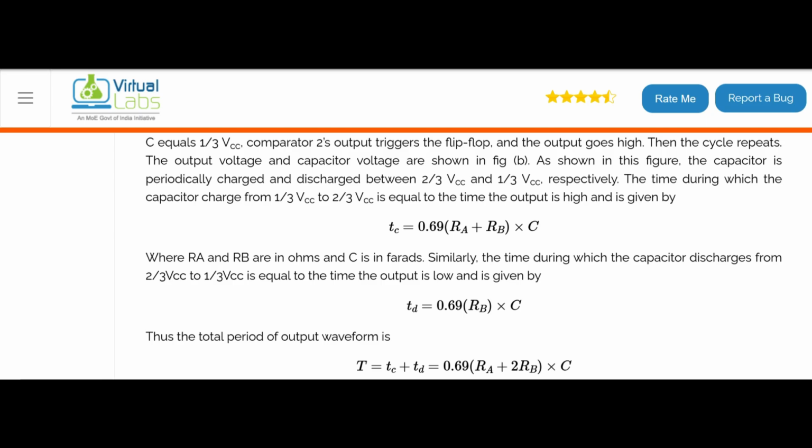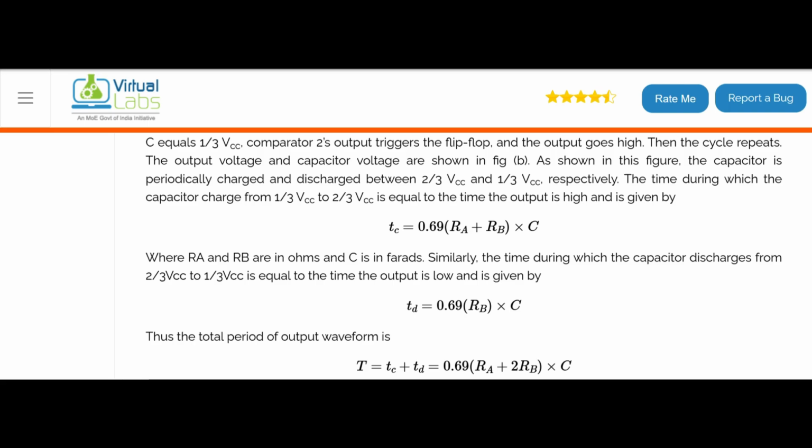The time during which the capacitor charges from 1/3 VCC to 2/3 VCC is equal to the time the output is high and is given by TC equals 0.69 (RA plus RB) times C, where RA and RB are in ohms and C is in farads.